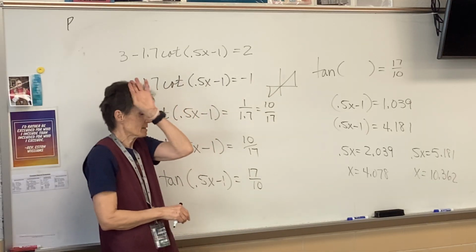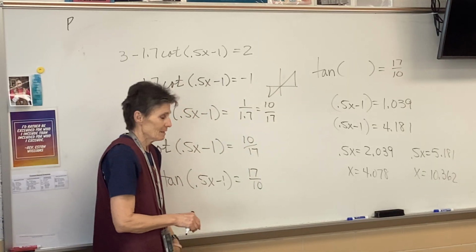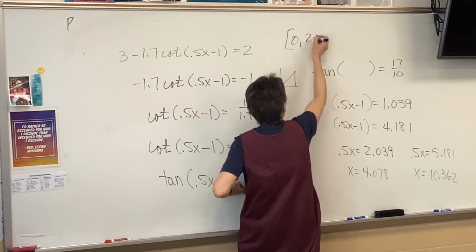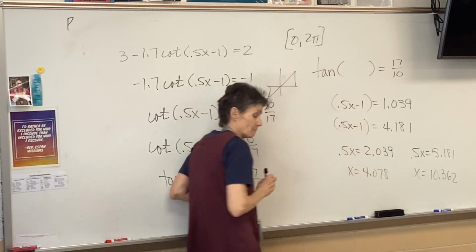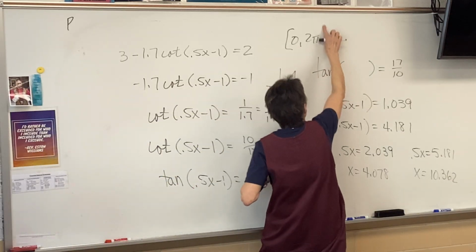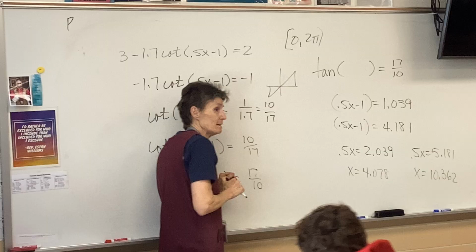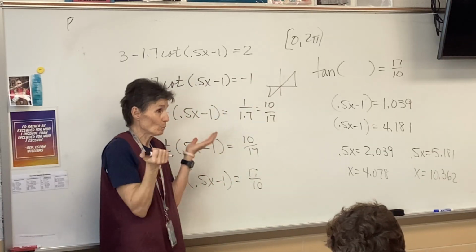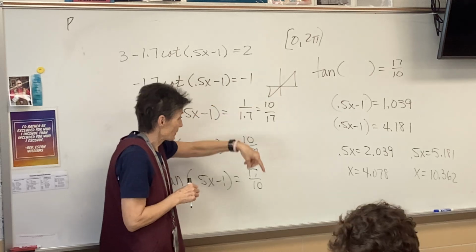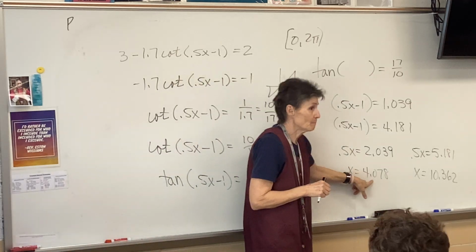Now here's what makes this problem tricky. Notice that the directions are this. And what does that mean? That means whatever we come up with has to be in there. Is this one in there?